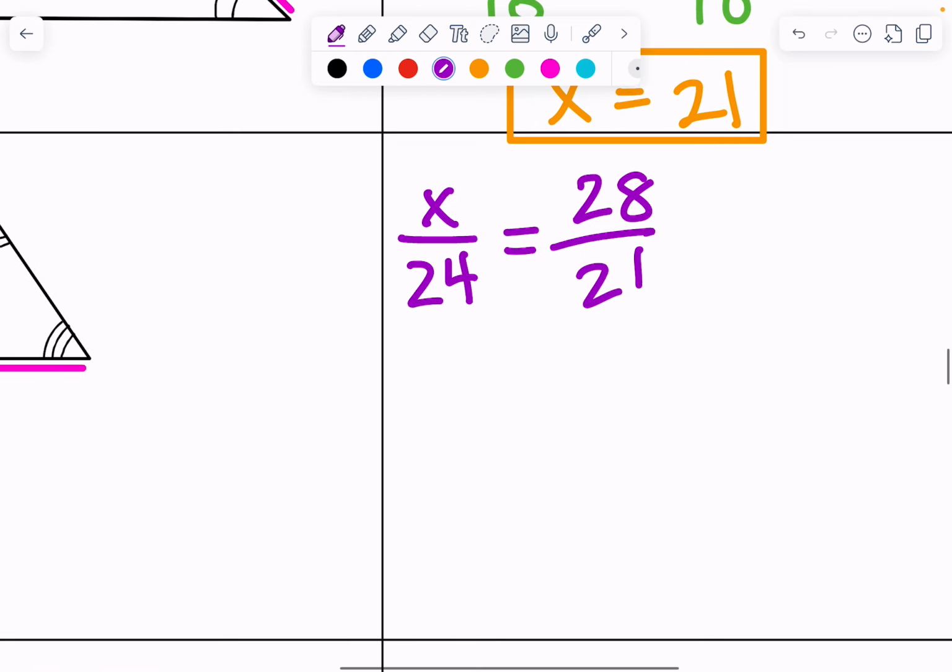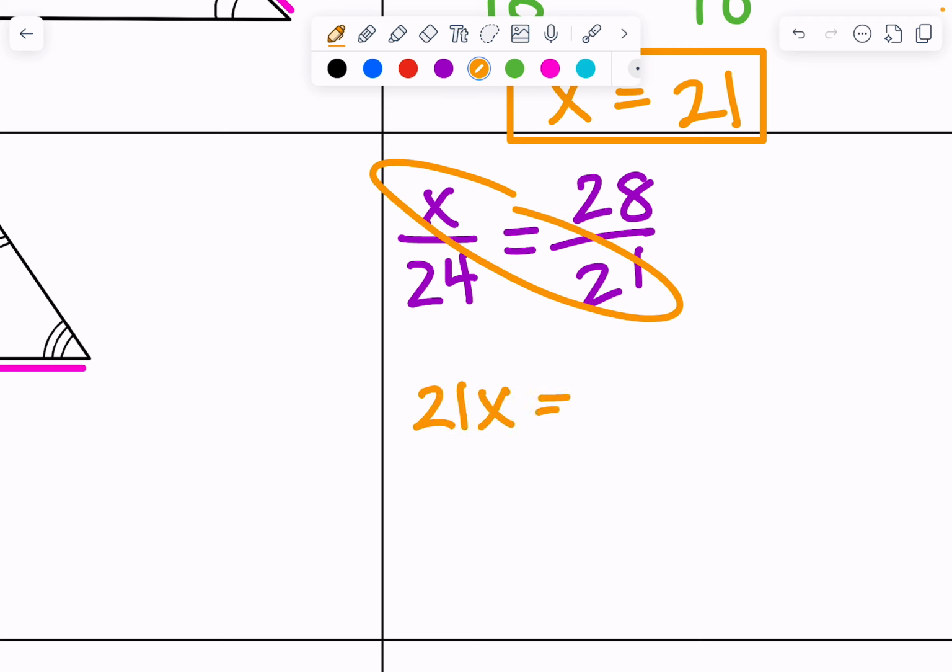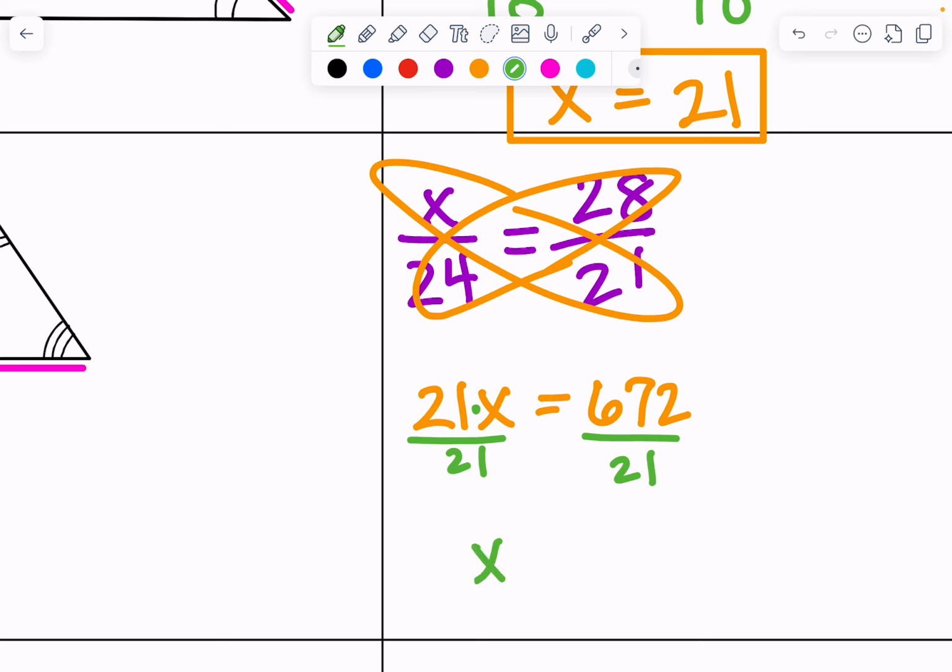When we cross multiply, we have 21 times x equals 24 times 28, which is 672. So now to get x by itself, we need to divide by 21, and our answer is 32.